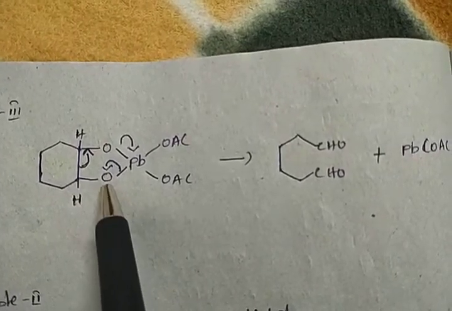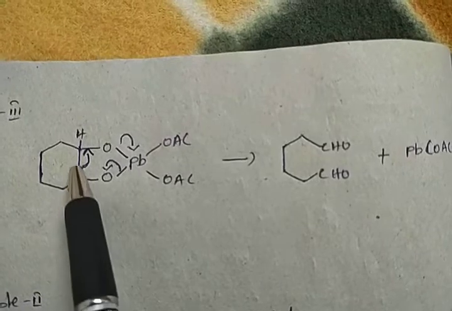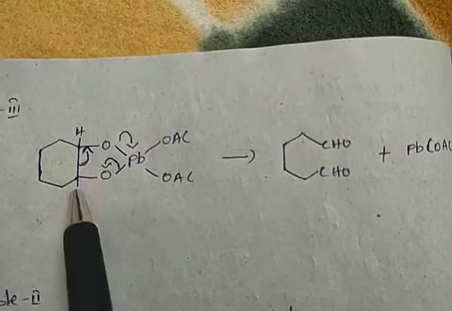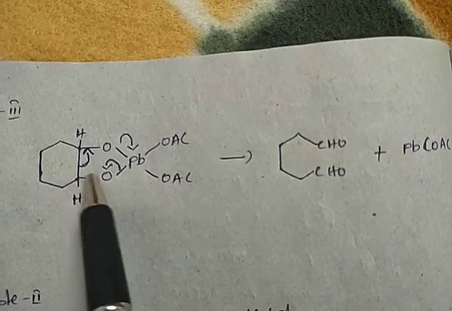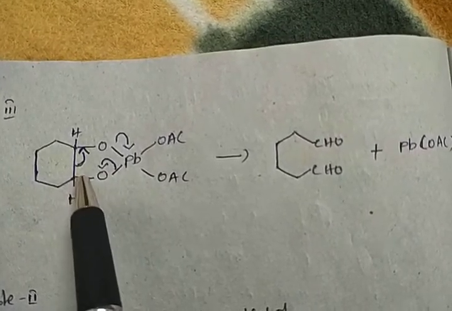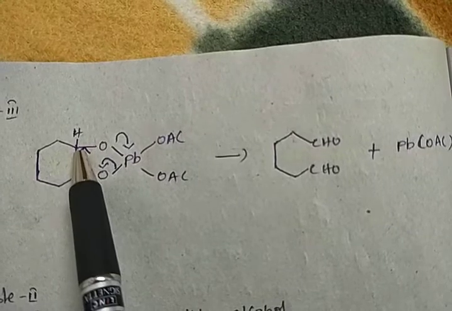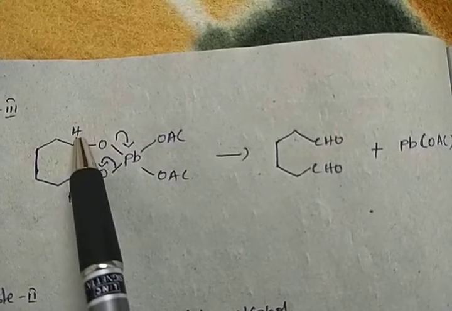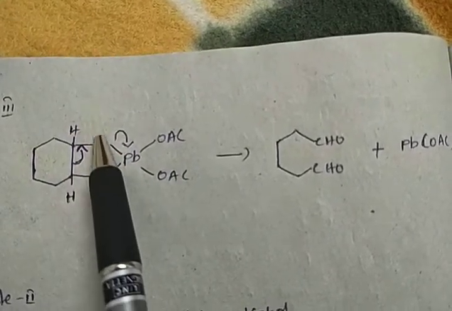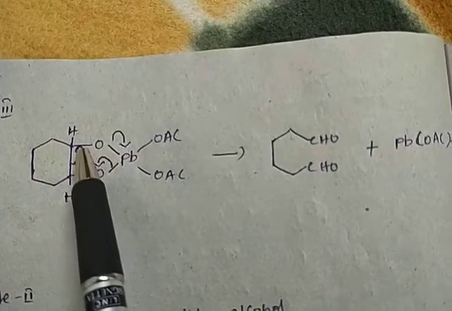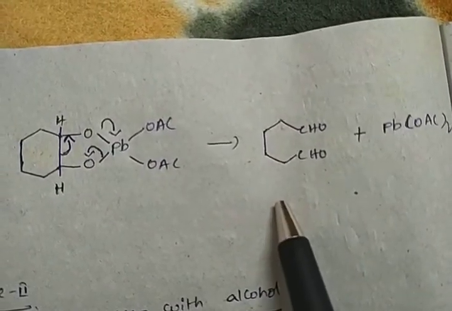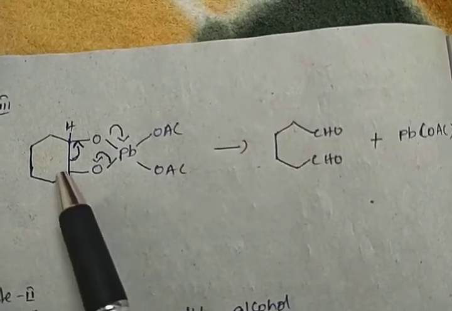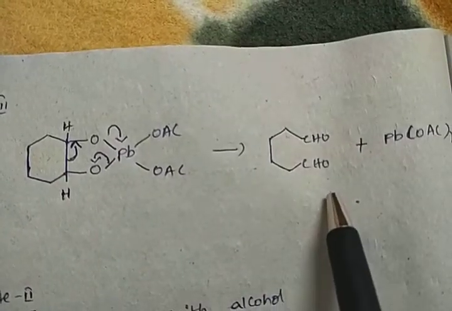The oxygen acquires a negative charge, and when the bond breaks, the carbon gets a positive charge, so the negative and positive form the double bond. The bond shifts towards the carbon atom; the oxygen acquires a positive charge and gets the double bond. So this is the main mechanism, from diols to dialdehydes.